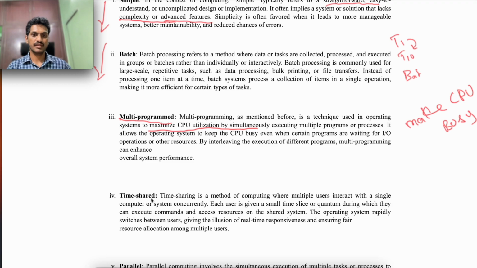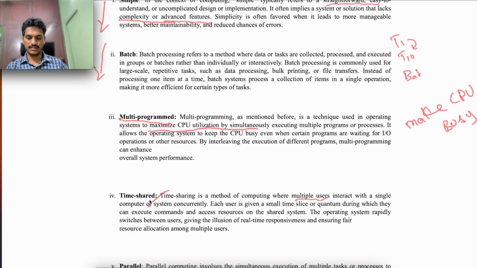Next one, time-shared operating system. If there are multiple users, we share the time. Not 1 hour for the first user and 1 hour for the second, but we may give some minutes or seconds.